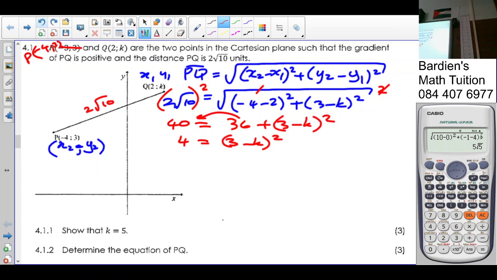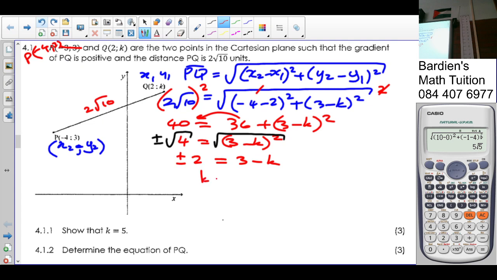One of two things I can do here. I can multiply out the binomial square and then solve for k, or I can introduce a square root on both sides. If I introduce a square root, what must I not forget? Plus minus. So I get plus minus 2 is equal to 3 minus k.